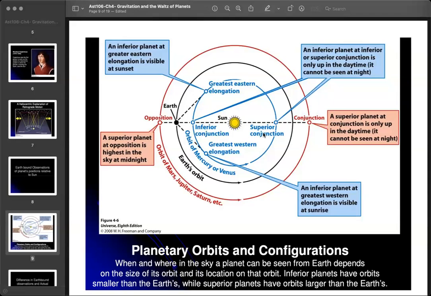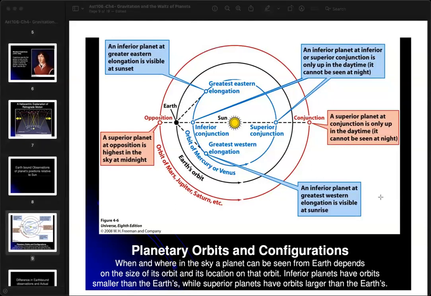But if you remember that picture from the previous chapter on eclipses, there was this picture where the sun was in eclipse. Let me try to draw a little picture here to remind you of that. So there was a sun, but obviously at that time it was blocked by the moon.